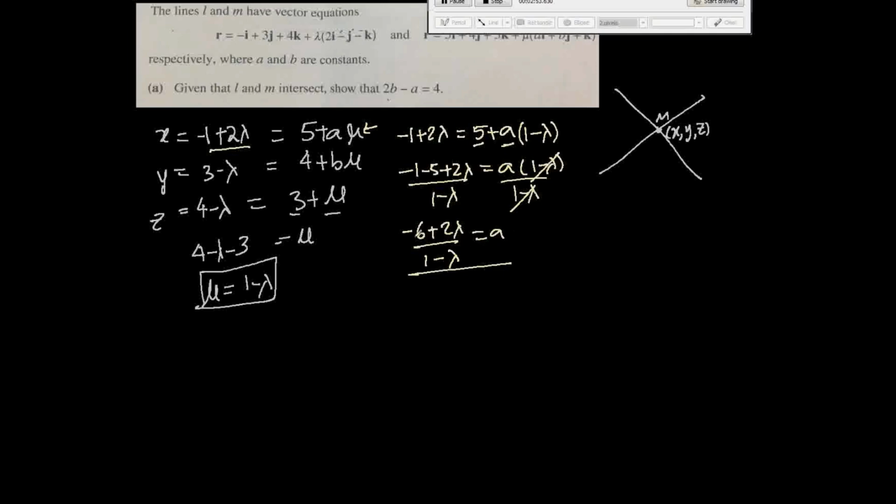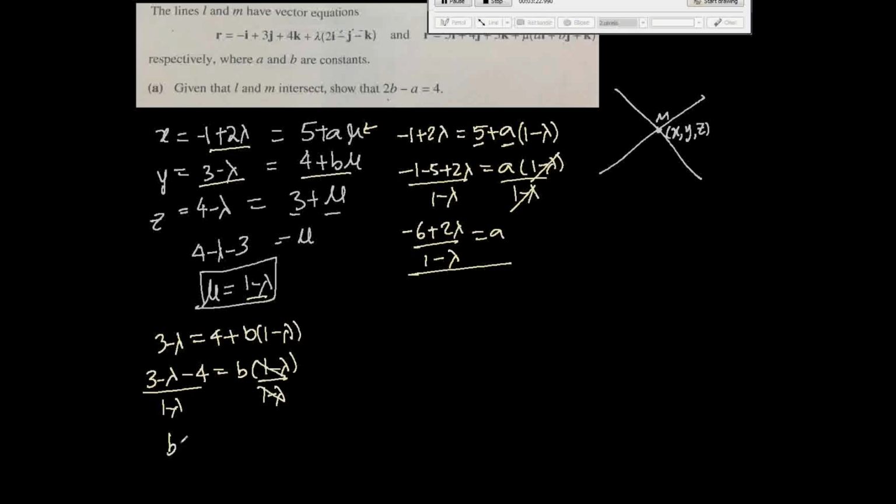Similarly, we'll get b also from the second set of equations. 3 minus lambda equal to 4 plus b mu, and mu is 1 minus lambda. Just like the previous one, where we isolated a, we will isolate b in this case. So 4 goes to the left side first, and we are left with b times (1 minus lambda), and divide by 1 minus lambda.